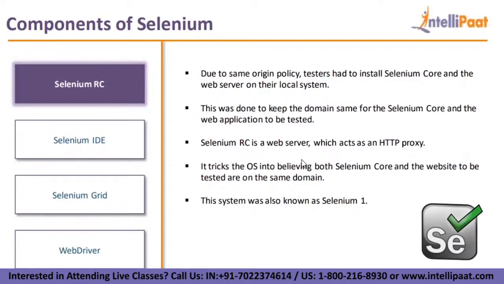Selenium RC was basically a proxy server. Now what does this proxy server do? It basically takes a website and it makes the Selenium Core think that that website is actually on the localhost, right? So this was the sole job of Selenium RC, and Selenium RC and Selenium Core together were first known as Selenium 1.